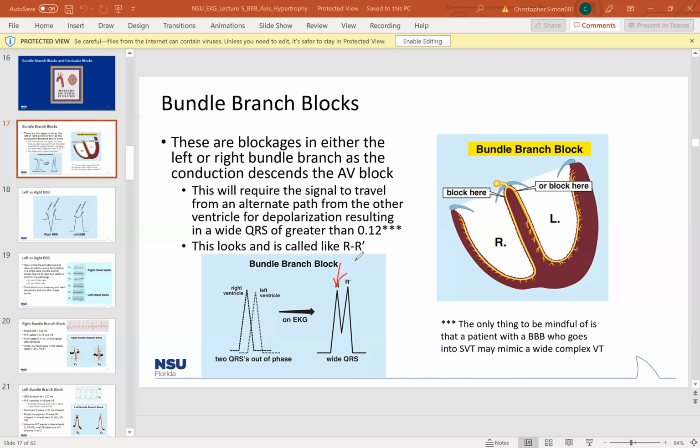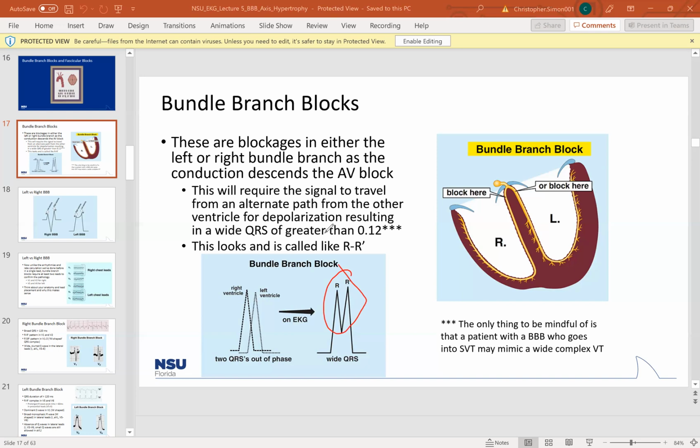And then your next R wave is probably going to be your left ventricle. So what's happening is that you're seeing that ventricles are depolarizing out of phase with one another. They're not in sync with one another. And that's because that electricity is being blocked on one of the bundles and it's having to migrate through cell-to-cell transmission. So that's common to see on a right bundle branch block. You get what they call a double R, okay?